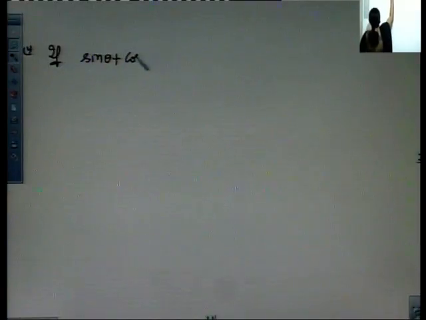Now, next problem. If sin theta plus cos theta equal to 1, then what will be sin theta?